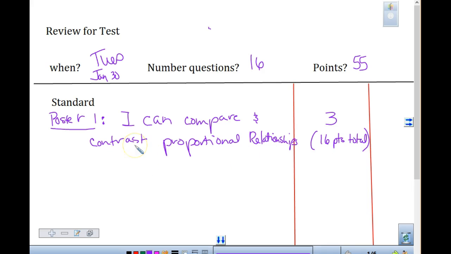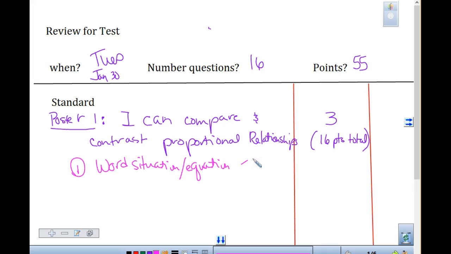What do I mean by compare and contrast with proportional relationships? So these are the type of questions that you will see. You might see something where I give you a word situation or story problem, or an equation. And I might give you both. I might give the equation and the situation, and I might ask you to graph.